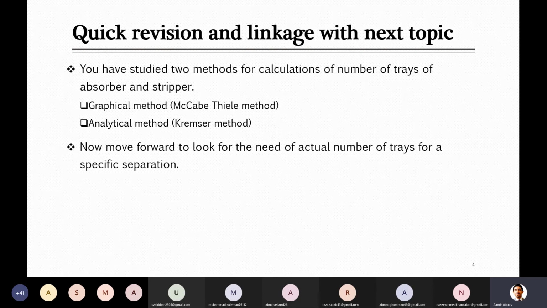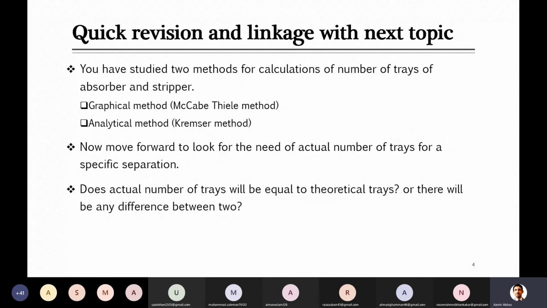So now we have to look for the actual number of trays. In this we will see whether the number of trays which we actually need for some separation is equal to the theoretical trays, or there will be some difference between these two. So what do you think?